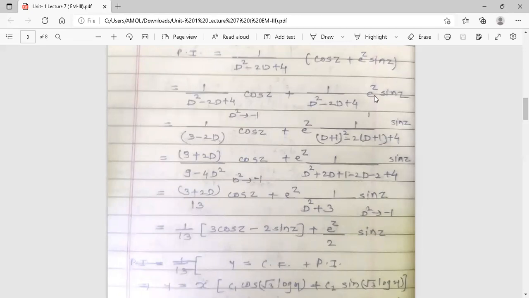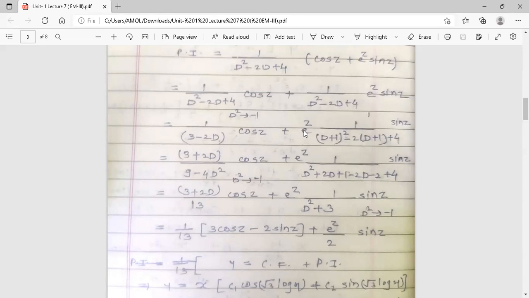So the denominator term is 3 minus 2D, cos z, plus. Now the second term is e raised to z into sin z. Here we use case 5, or type 5, of the shortcut method, because there is a product of two functions: one is exponential and the second is a trigonometric function. So you replace the term of D by D plus 1, because we are going to solve for the exponential function first.